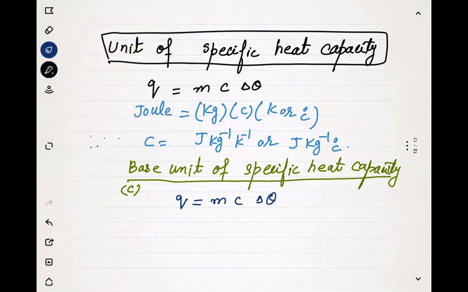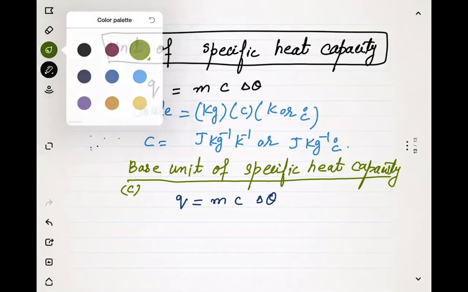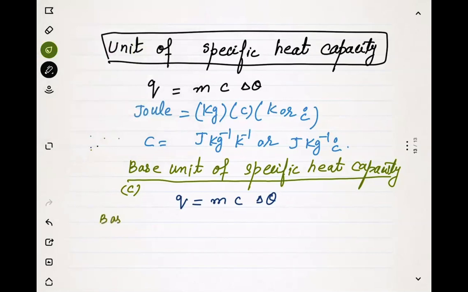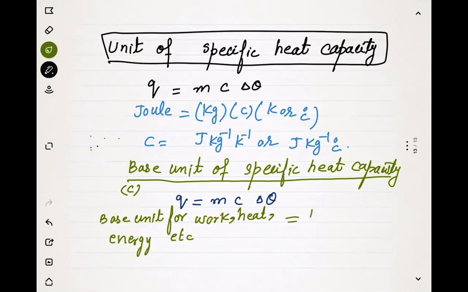And if we write base units, then first of all, you should know that the base unit for work, heat, energy, and all other quantities which are in joules will be kilogram meter square second minus 2. So this is the base unit for heat.